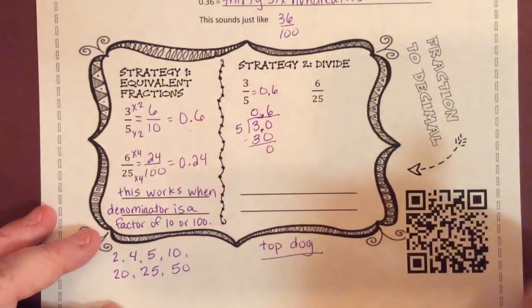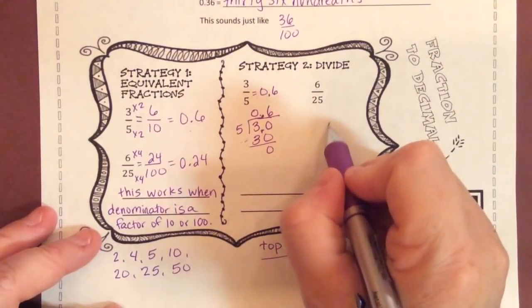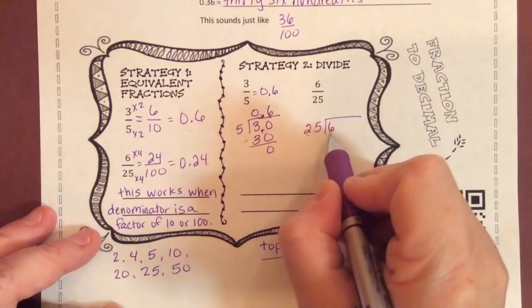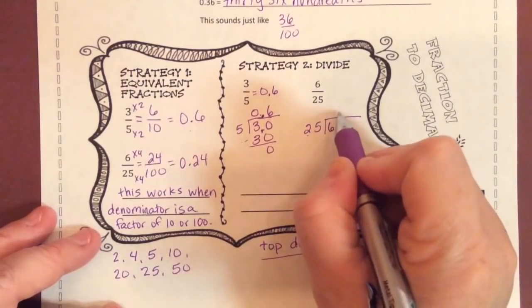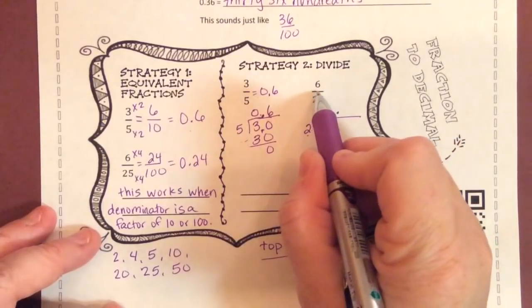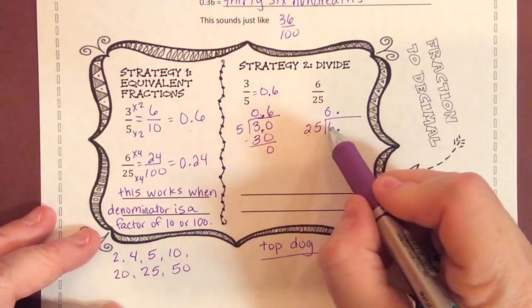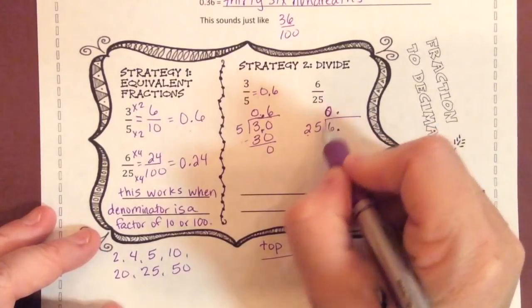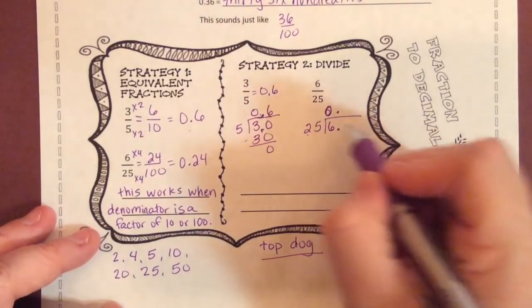We keep dividing. Oh, look, it's 0.6 or 6/10. Look, it's the same. Okay, 6 divided by 25 now. Okay, 25 does not go into 6. And that's okay because I don't want it to. I need to have a 0 right here. If this fraction is less than 1 whole, then I should have a 0 right here. If I have anything else, then I probably put the numbers in the wrong place. I switched my 25 and my 6.